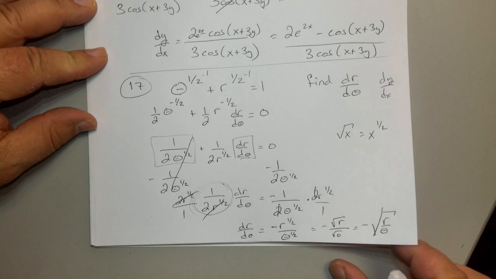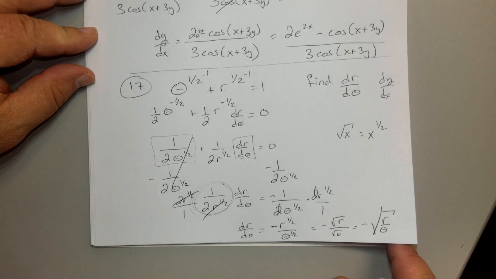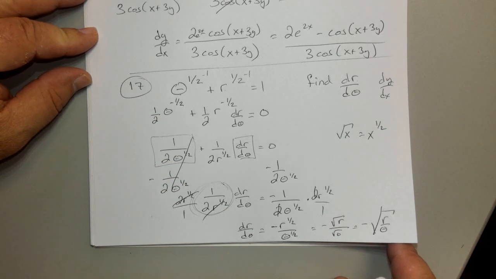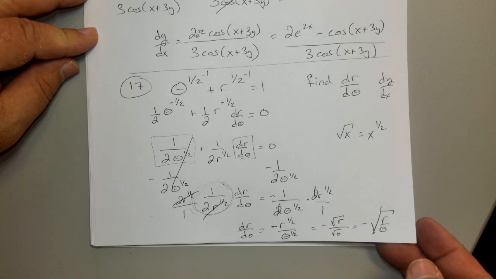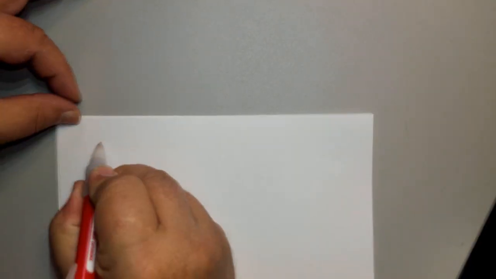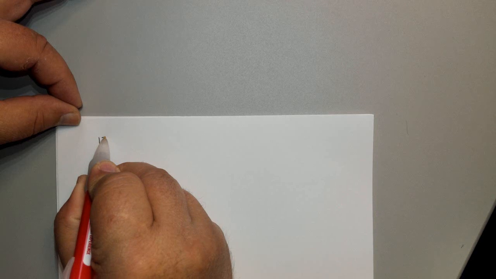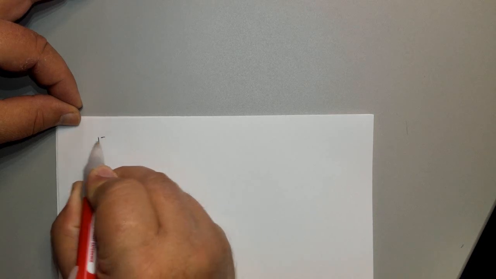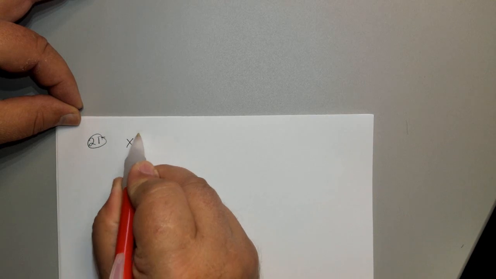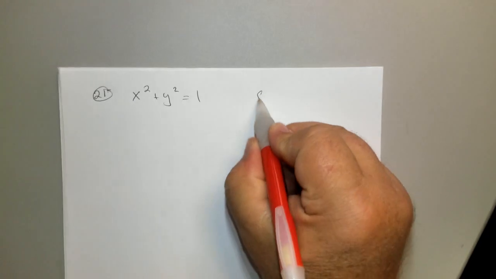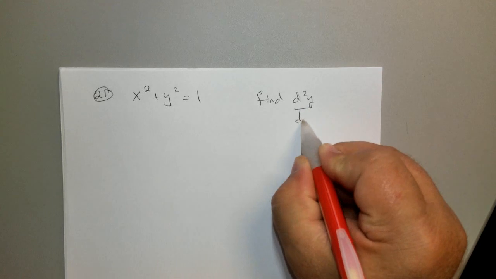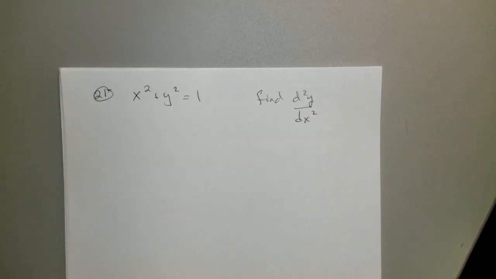Let's find a second derivative. Not of this. Something easier. X squared plus y squared equals 1. Find the second derivative.